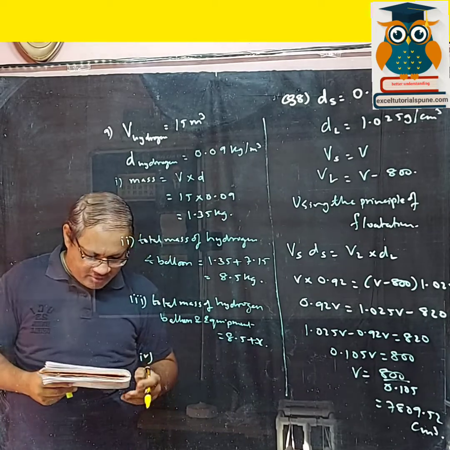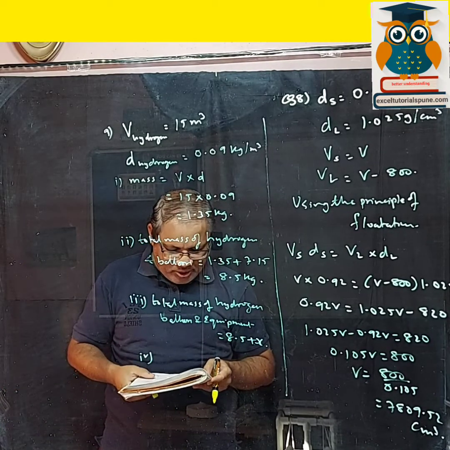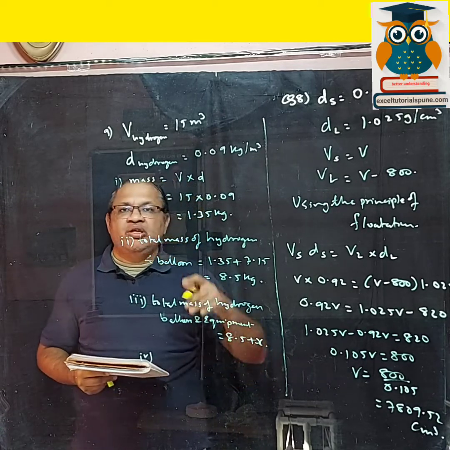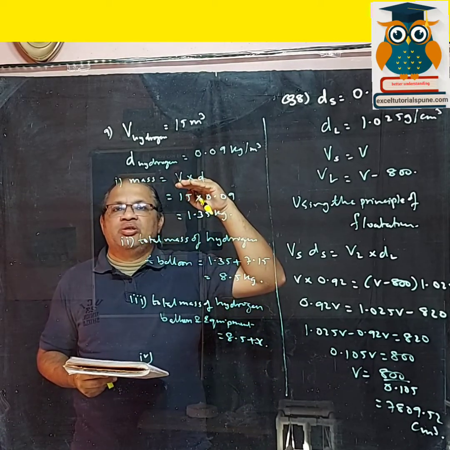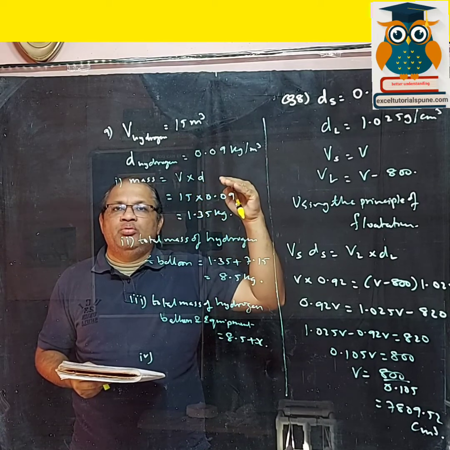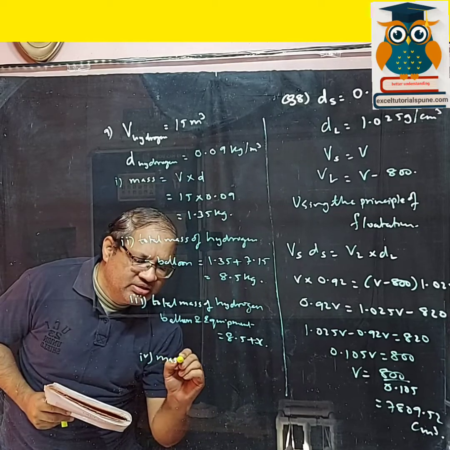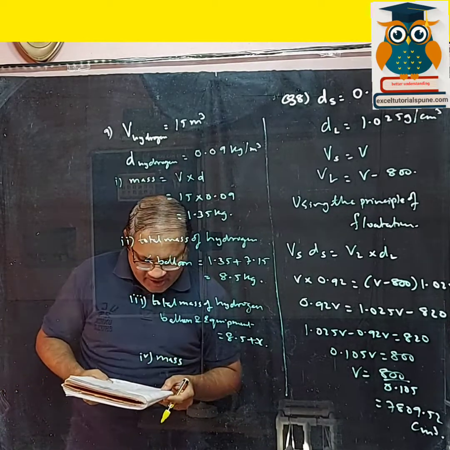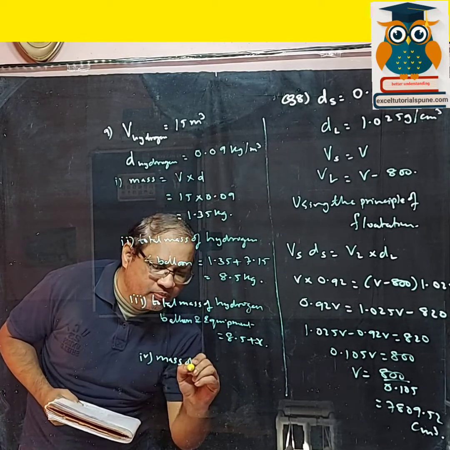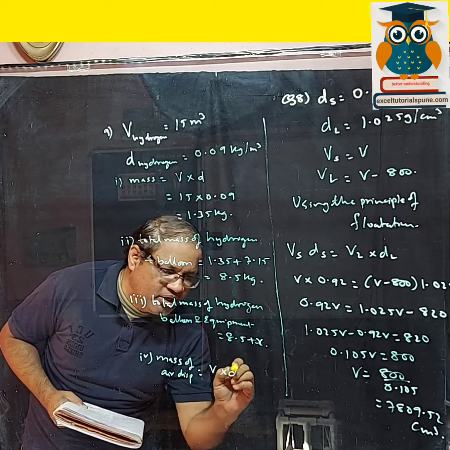Now fourth part, the mass of the air displaced by the balloon. Now whenever the balloon displaces air, you have to take the volume of the balloon into the density of air. So mass of air displaced is volume into density.